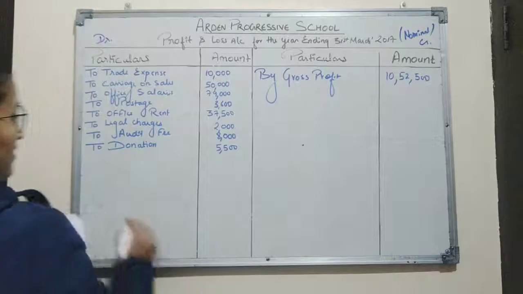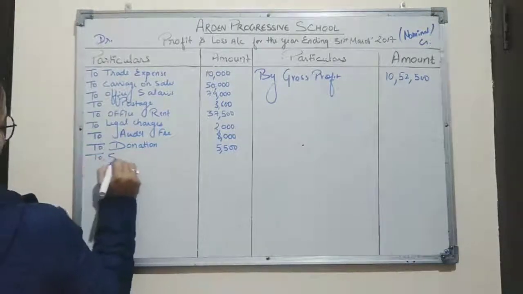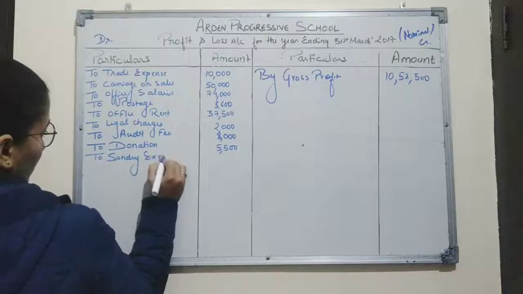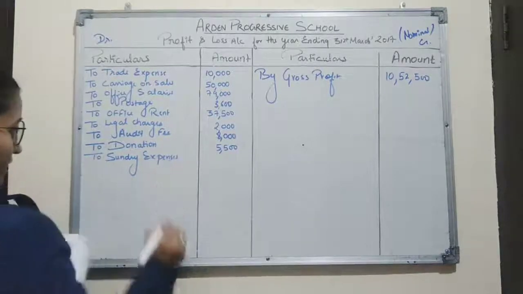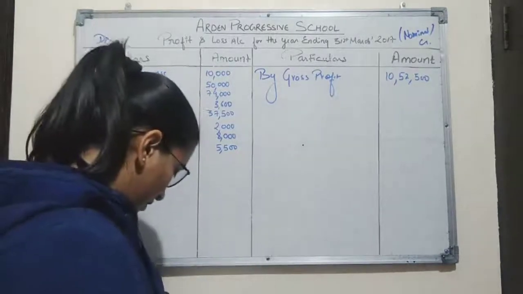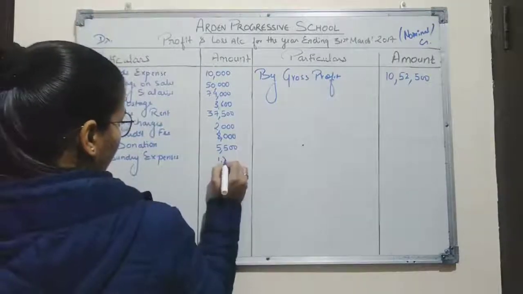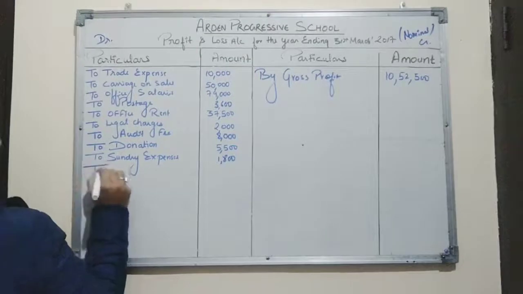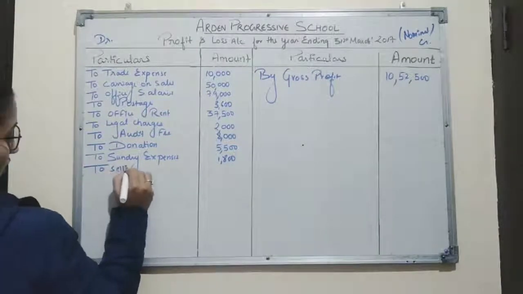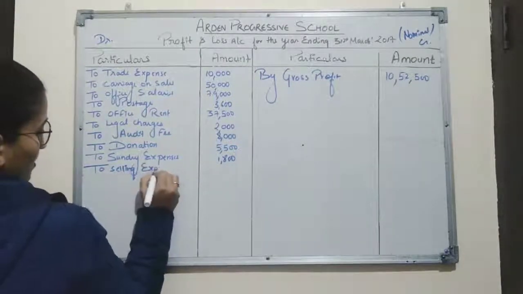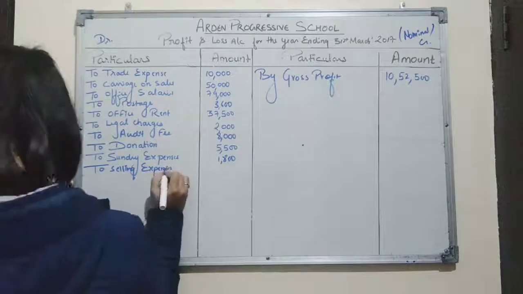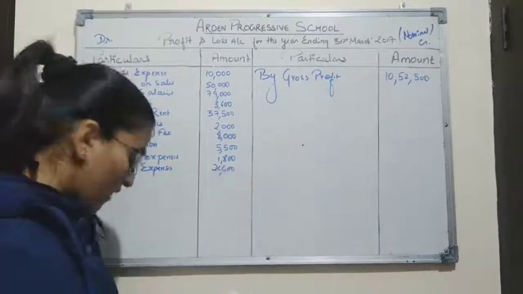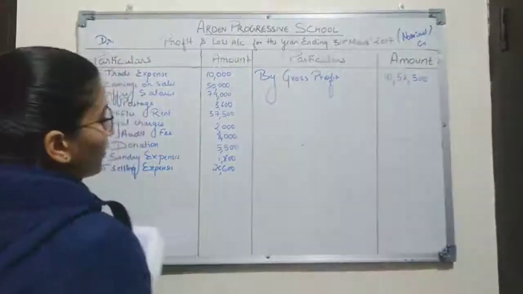Then sundry expenses, to sundry expenses 1,800. Selling expenses, to selling expenses amount is rupees 26,600.